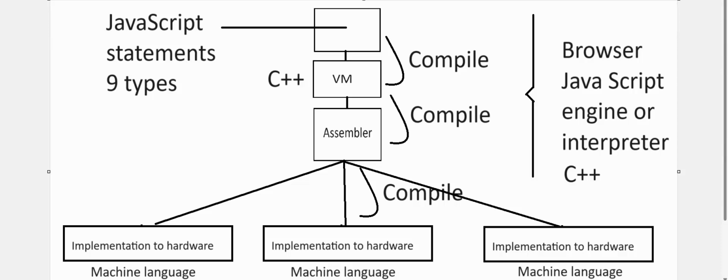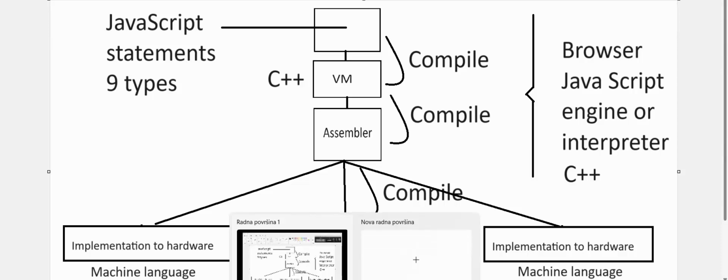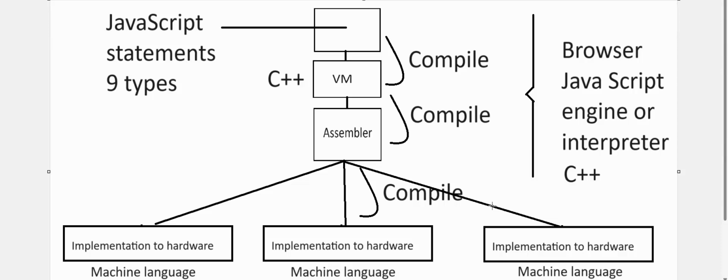But after that, we must have an implementation for different hardware, for every kind of hardware. From virtual machine language, for example 100 instructions in virtual machine language, which is C++ also, there is translation to assembler. The assembler of those 100 instructions can have 100,000 instructions.